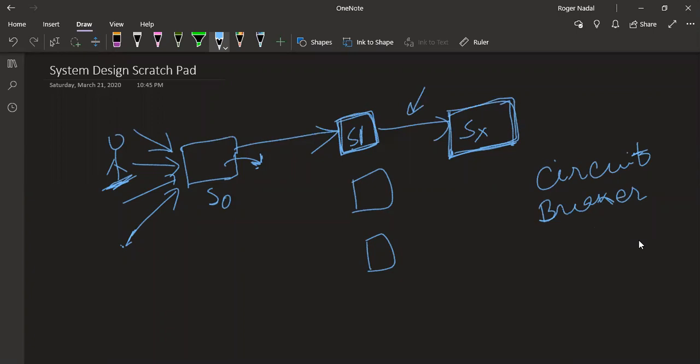So the problem is, if S1 keeps calling SX while it is trying to recover, we are not letting it recover. We are making so many requests, basically bombarding this service. And now a lot of threads here are blocked because they are still waiting for the response, so there may be a lot of gateway timeouts.